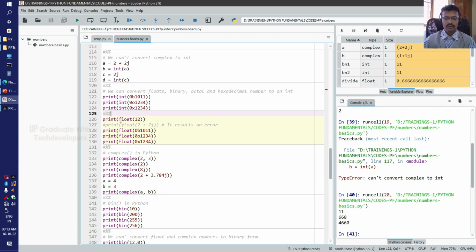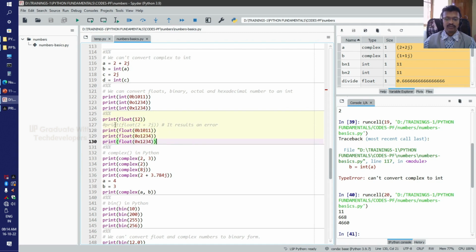We can use the float function to convert integer, binary, octal and hexadecimal numbers into a floating point number. So here I am converting 12 to a floating point value, and then this binary number 1011 to a floating point value, the octal number, and then the hexadecimal number. But we cannot typecast a complex number into a floating point value, otherwise it results in an error.